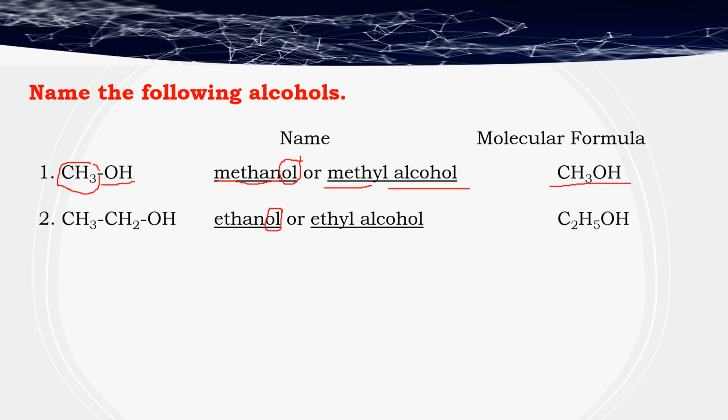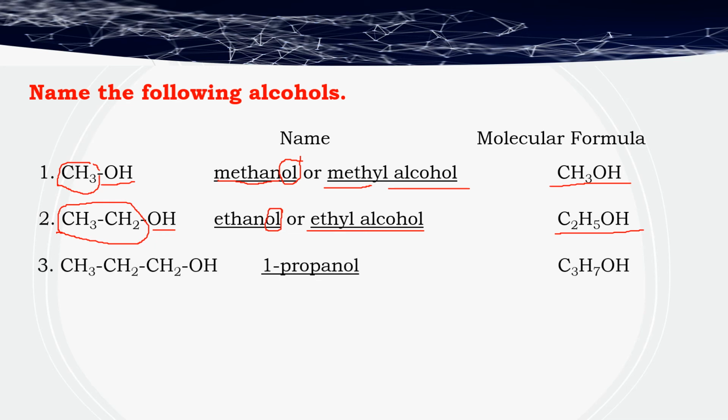So the name will be ethanol, or since we have CH3CH2, which is an ethyl, plus the OH for an alcohol, we can name it ethyl alcohol. So the molecular formula is C2H5OH or C2H6O.